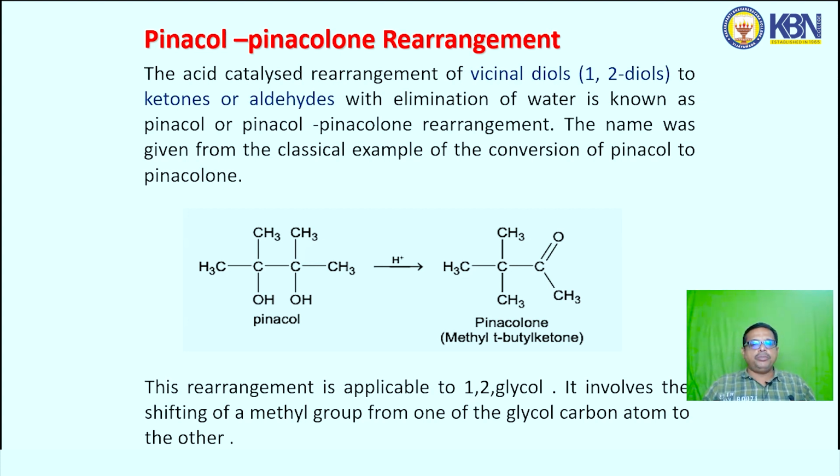Here the best example is pinacol, where two OH groups are present on adjacent carbon atoms. This rearrangement is applicable to 1,2-glycols. It involves the shifting of a methyl group from one of the glycol carbon atoms to the other.